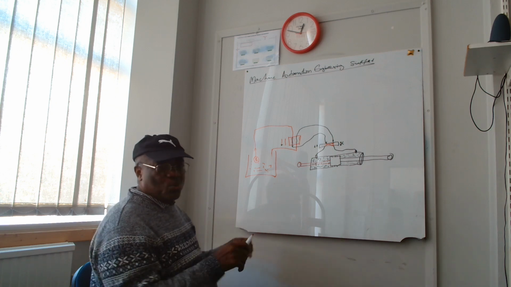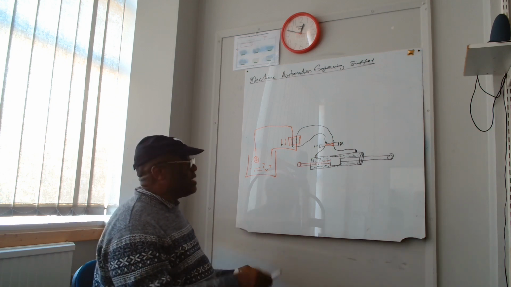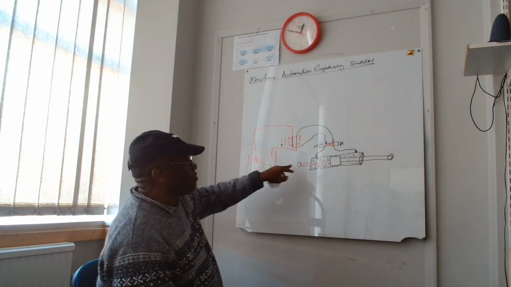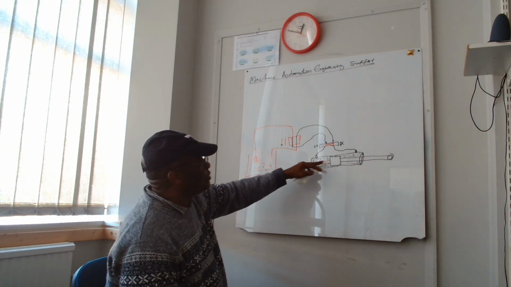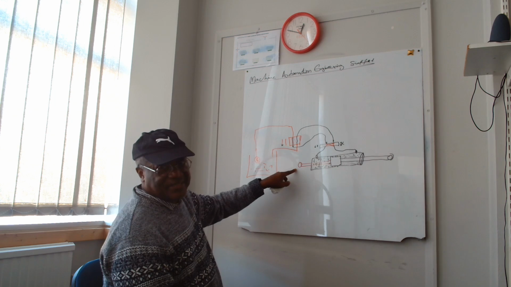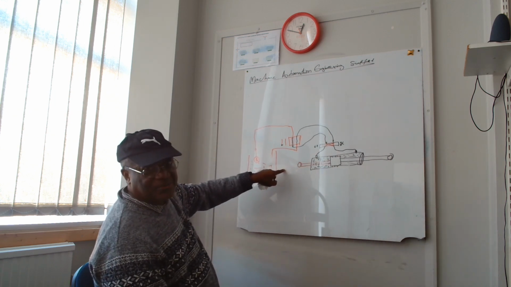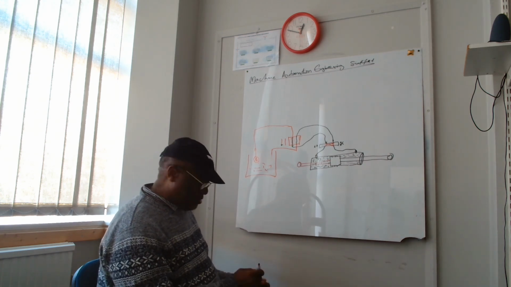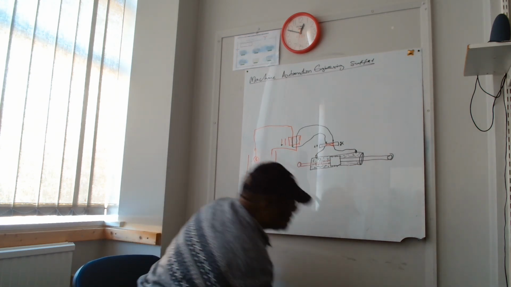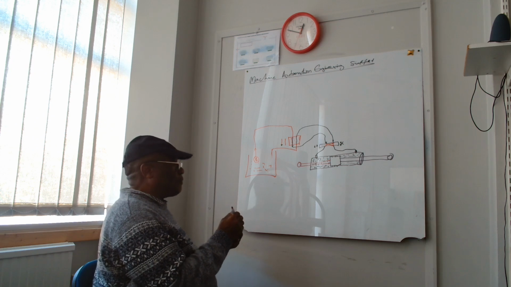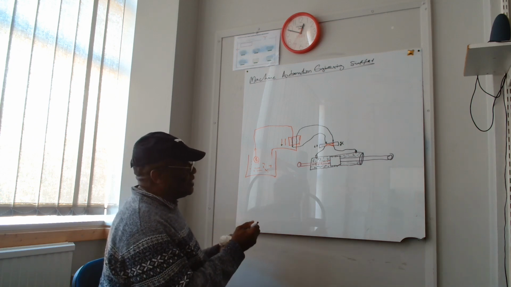So for them to work in tandem, you have to connect it to something like this, which means when it is pushing that one out, it is retracting this one. And when it is pushing here in, it is pushing this one out. That's how it works.